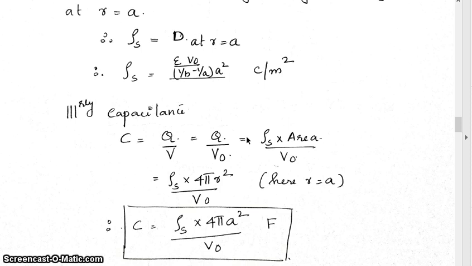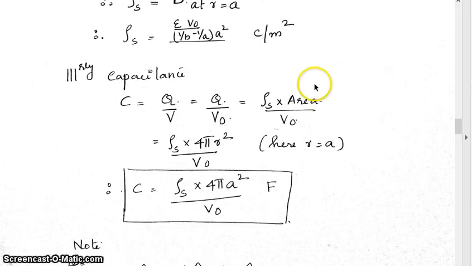You have already studied the surface charge density is equal to charge per unit area, right? So charge can be written as surface charge density into area, and the denominator here is V0. So instead of Q I have written charge density into area based on the relation rho s is equal to Q by A.